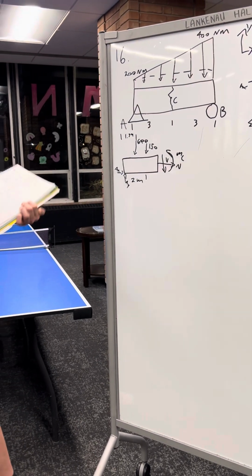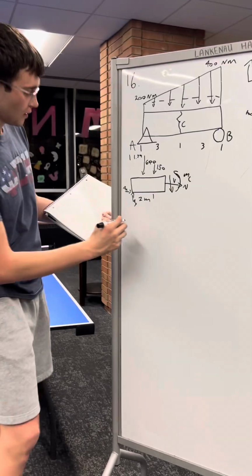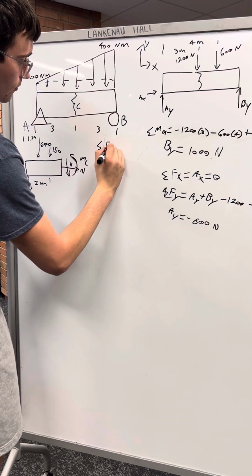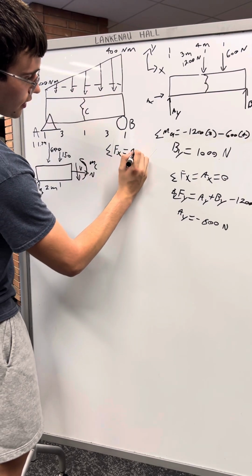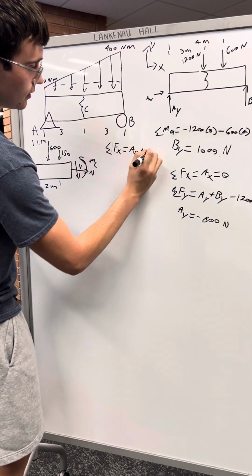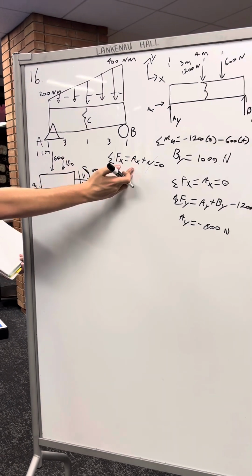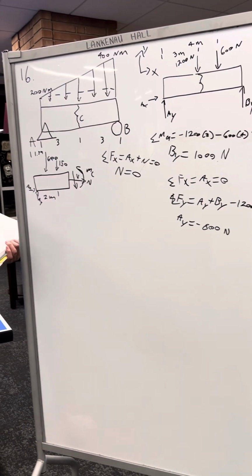The easiest one to find is the normal force, because you just do the sum of forces in the x direction, and that's just going to get you Ax plus N, and of course that equals 0. Ax already equals 0, so that just means N equals 0.